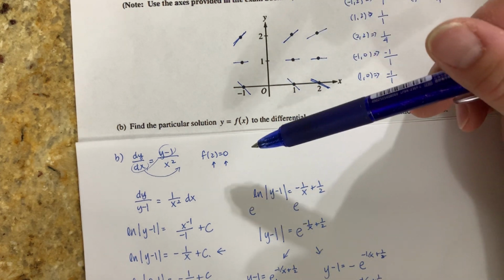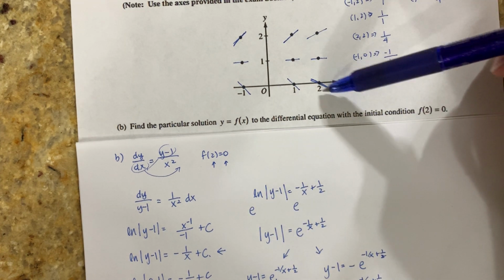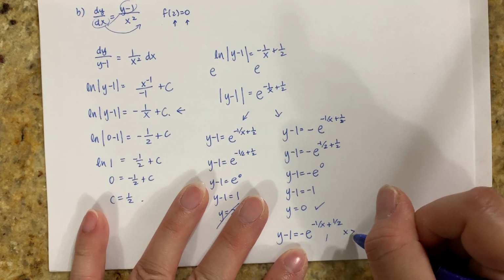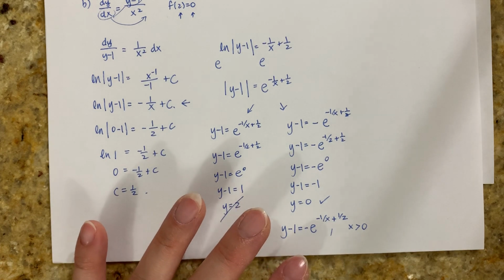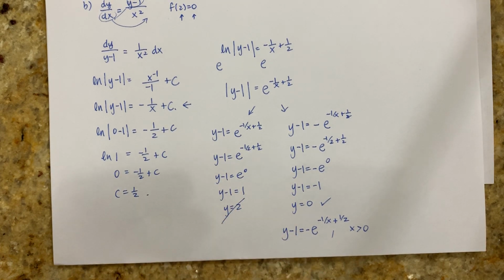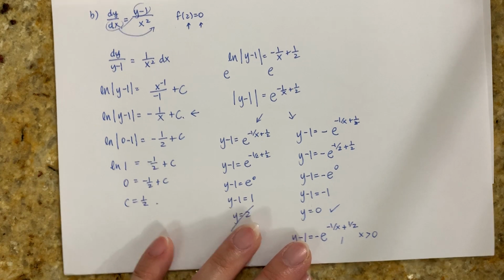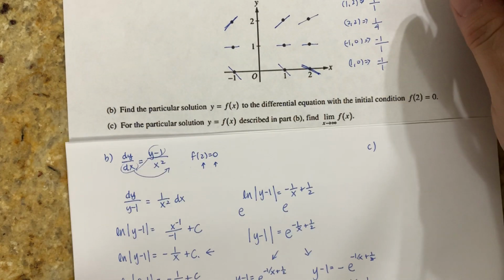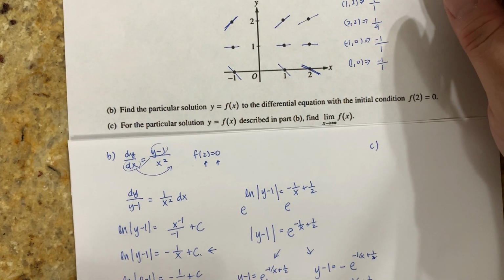So if my initial value is at (2, 0), that means my graph is on the right-hand side. So that means my x values have to be all on the right-hand side. So that's just a little catch. If you don't remember that, I don't think you're going to be docked too many points. In fact, maybe 1 point at the most. So if you don't remember, that's really not a big deal. Okay? All right.